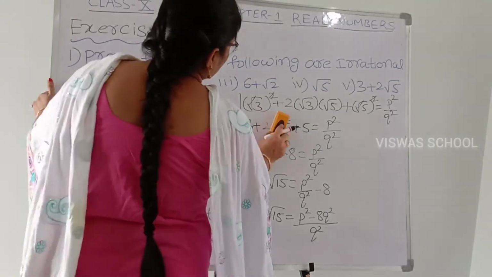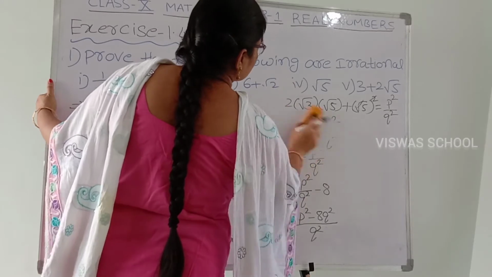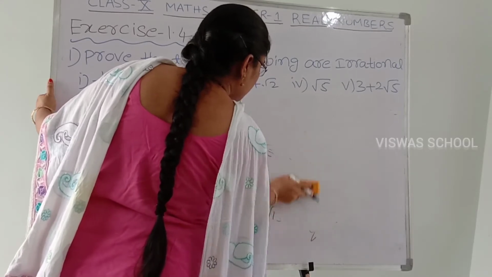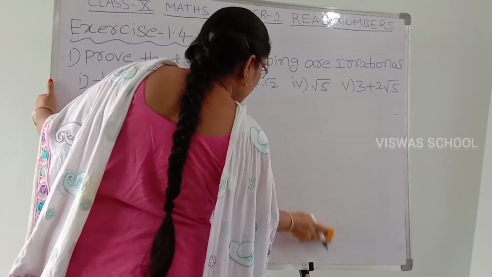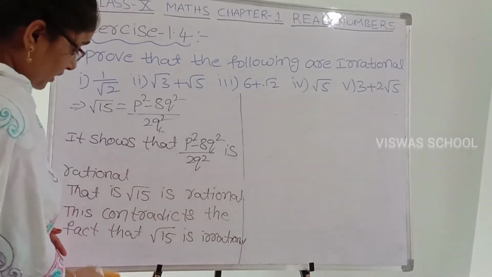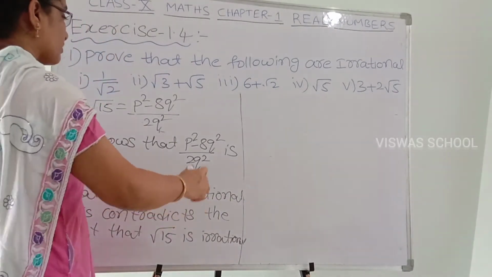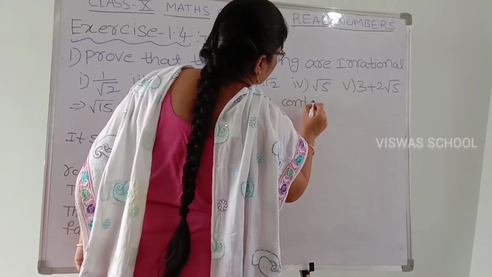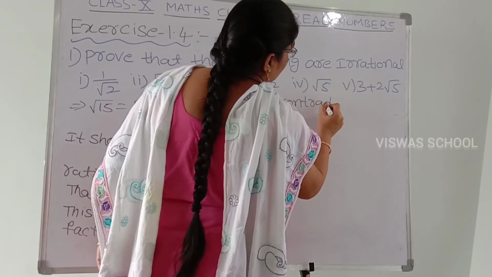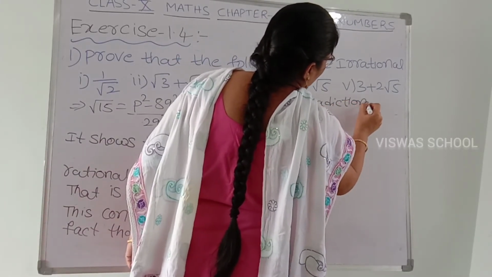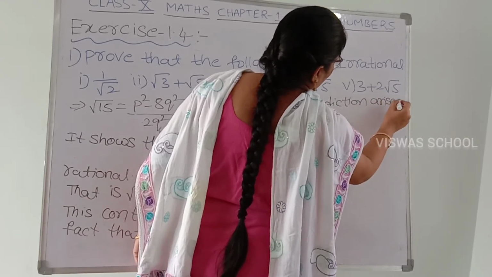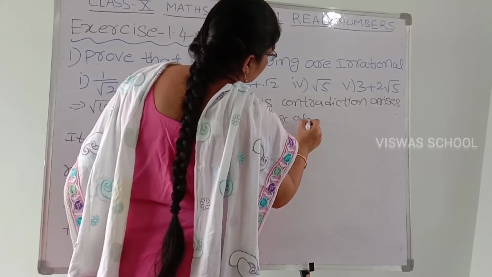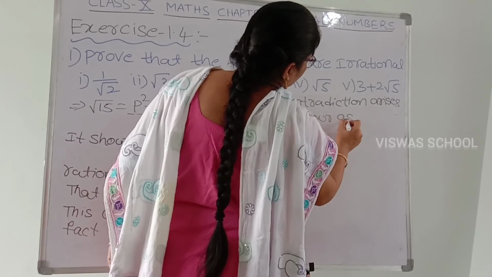Why are we getting this contradiction? Because of our assumption. This contradiction arises because of our assumption.